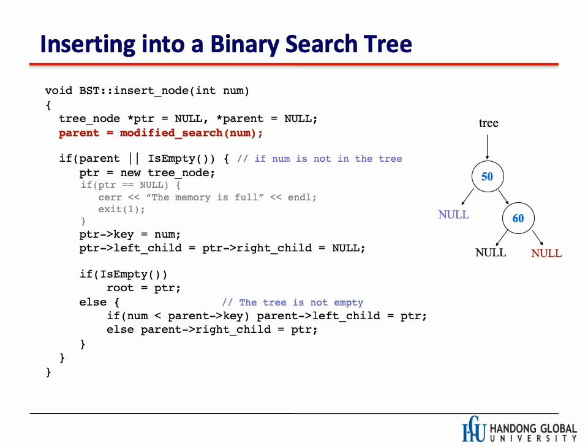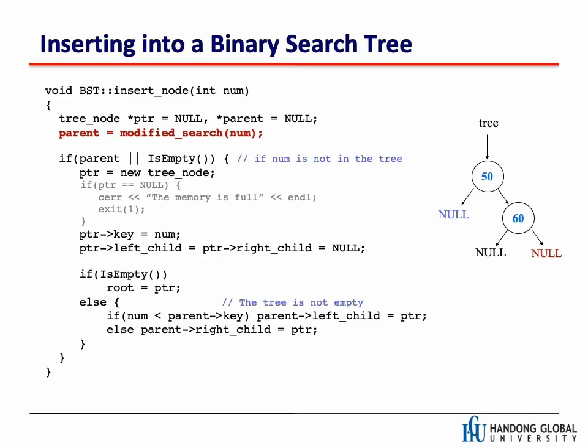Good. And now we check if the parent is null or if the tree is empty. If the parent is not null, it means we have the right place to put the new node. But even when the parent is null, usually when we add something like 50 in this example, a new node with the key 50, the modified search will return the null pointer.